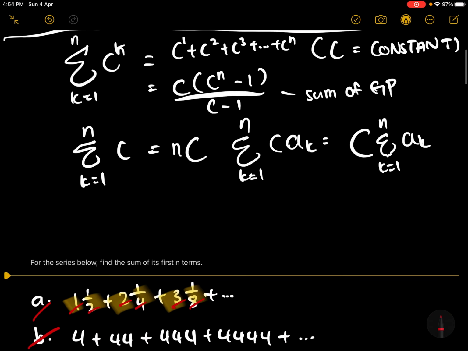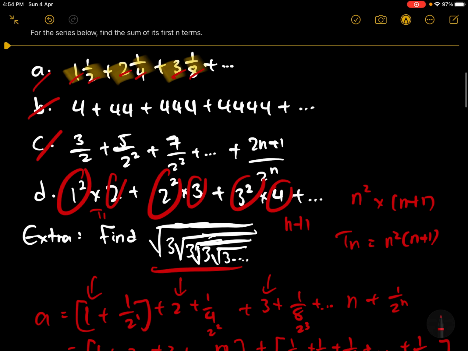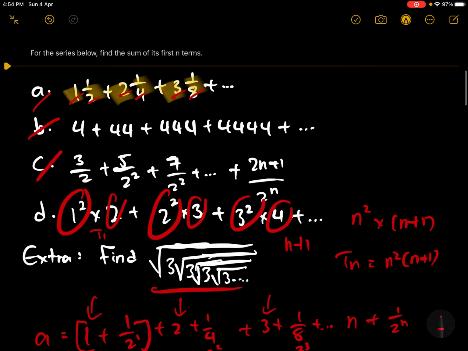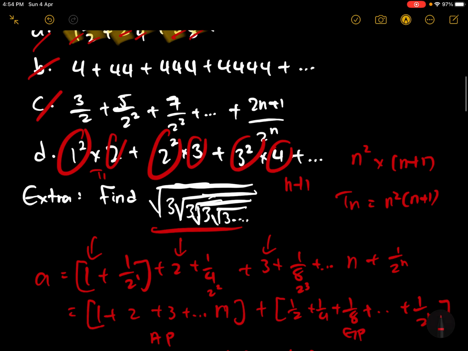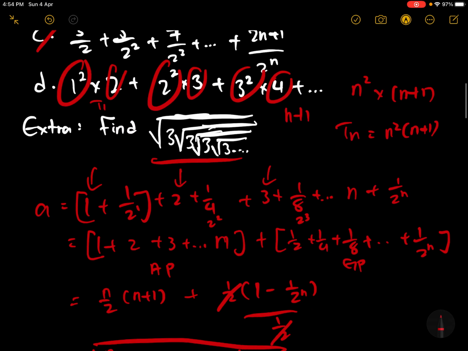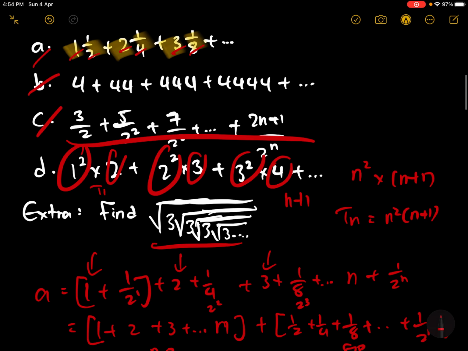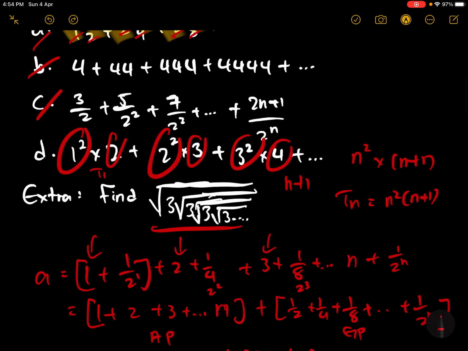So yeah, I guess that's all. I just want to remind you that for these questions, you want to either separate them into your own AP or GP. You want to multiply or divide the value by the denominator, so you can get a common difference, because 5 minus 3 is 2, 7 minus 5 is 2, and so on.